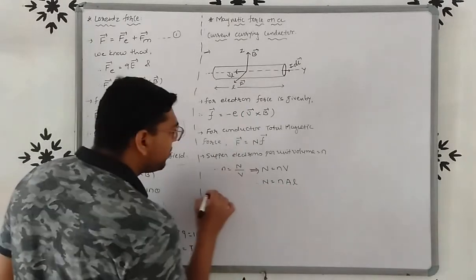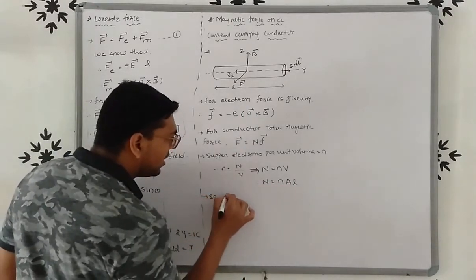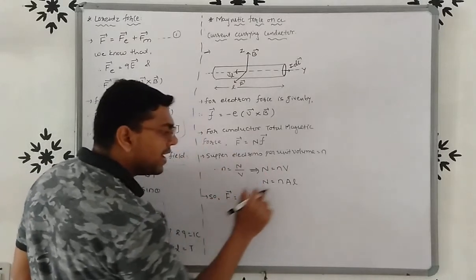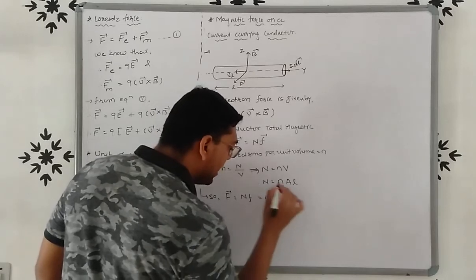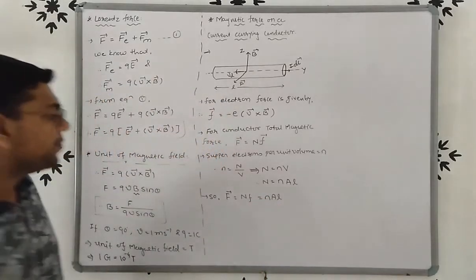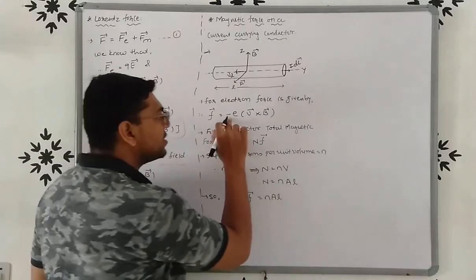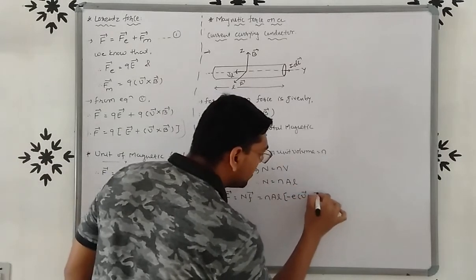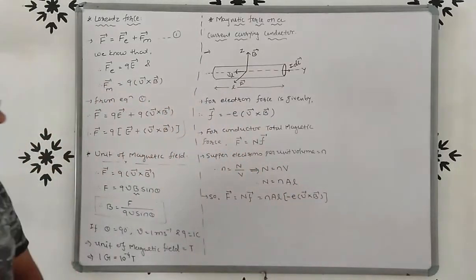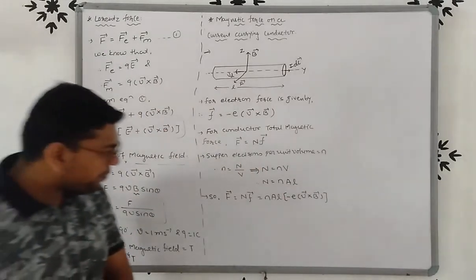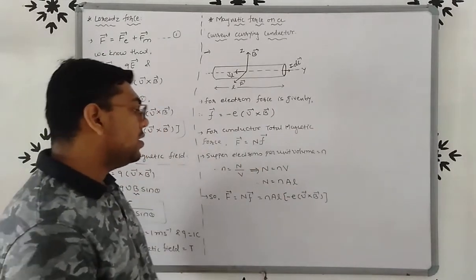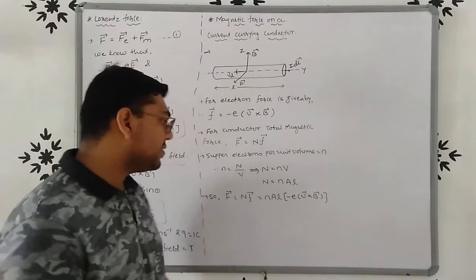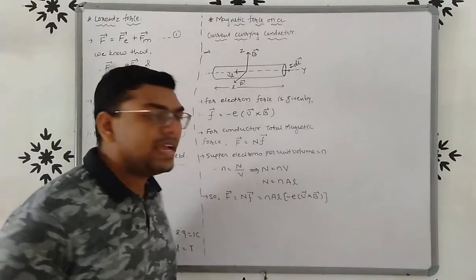So total magnetic force vector F is equal to N f, but the value of N is nAL, and force f is equal to minus e into v cross B, like this, right? Now see here friends, we know that J is equal to I by A is equal to n e vd, right?